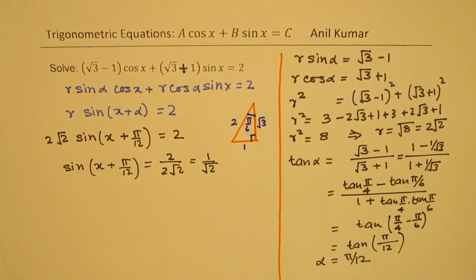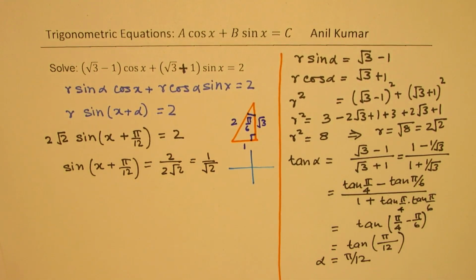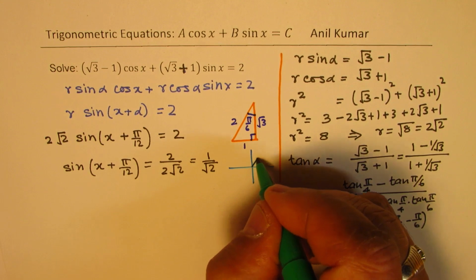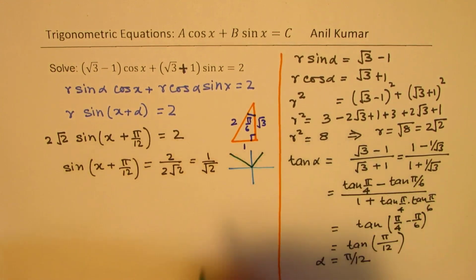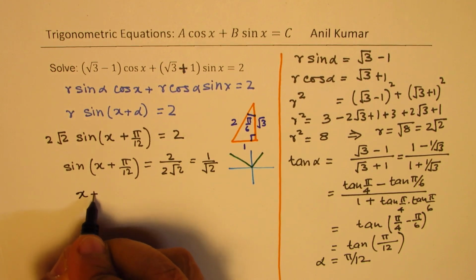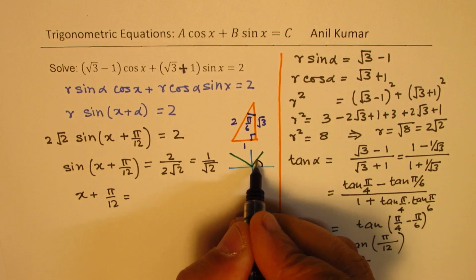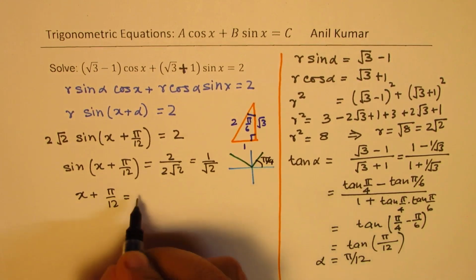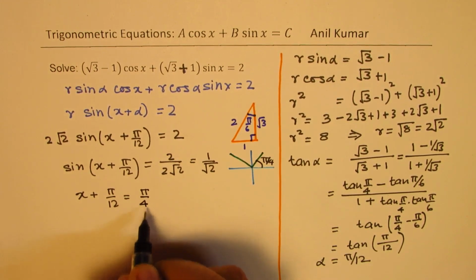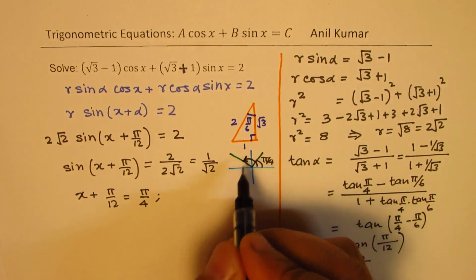Now as far as sine is concerned, it is positive in quadrant 1 and also in quadrant 2, right? So those are the two angles which we are looking into. So we can now say that x plus pi by 12 is equal to this angle pi by 4 and also this angle 3 pi by 4.